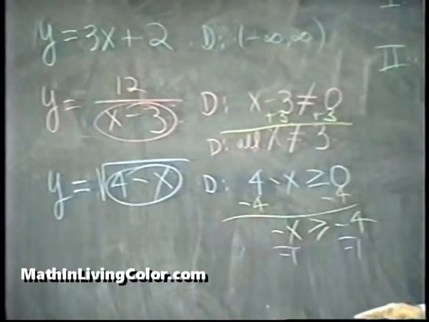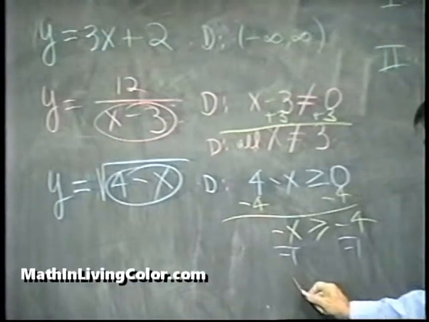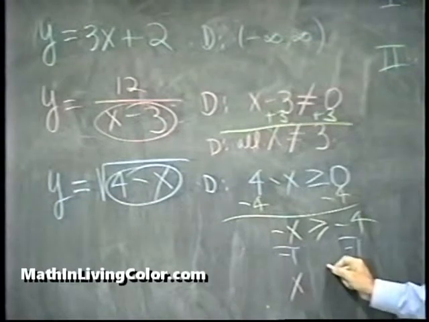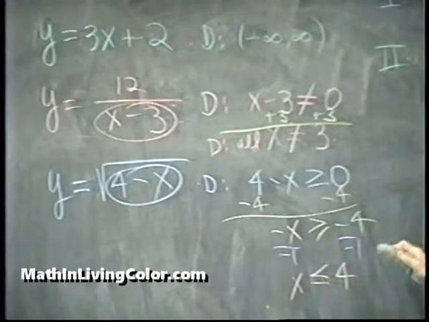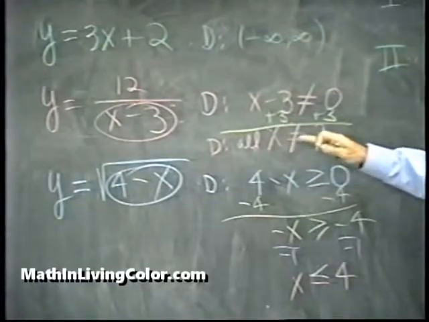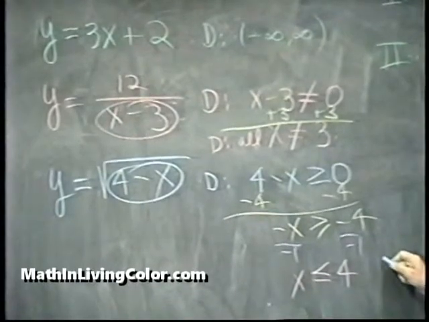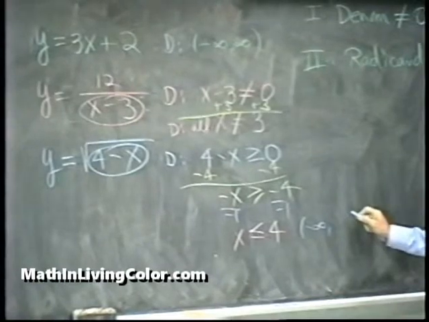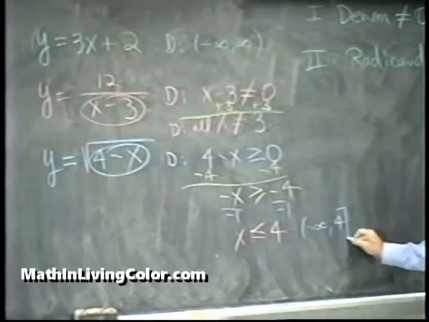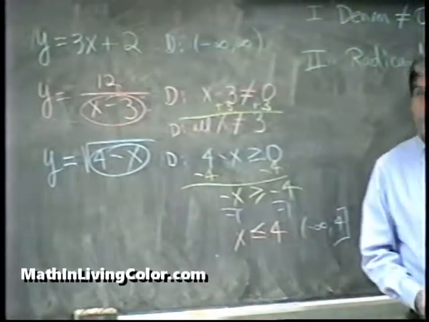Change the sign, right? This all-important rule, this would now be x is less than or equal to 4. In other words, what's the domain of the third problem? x would have to be less than or equal to 4, which would be what? Negative infinity up to 4. Up to 4, and including the 4. Okay? Any questions on that?